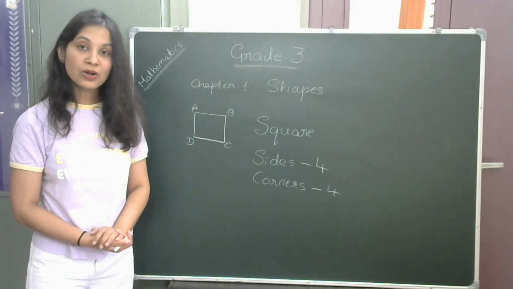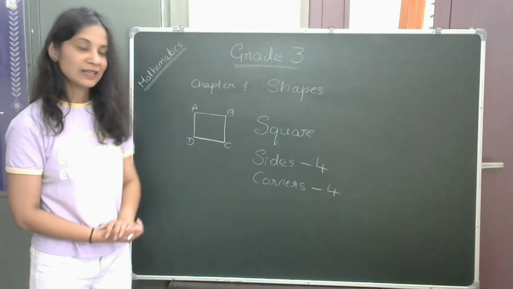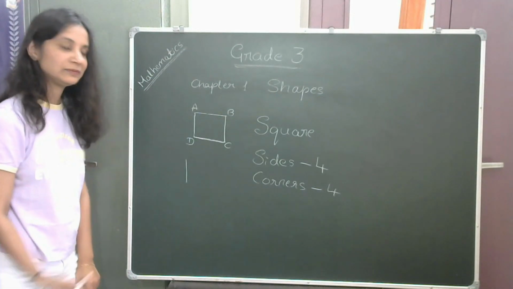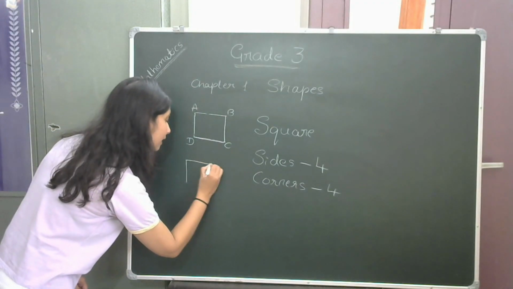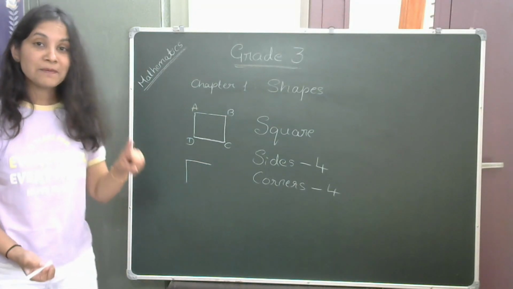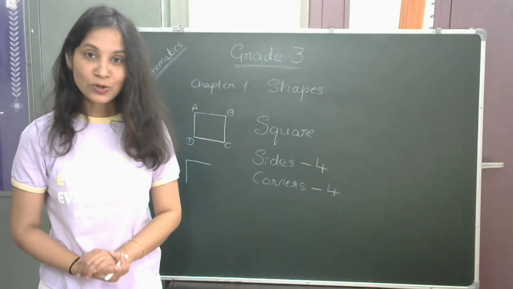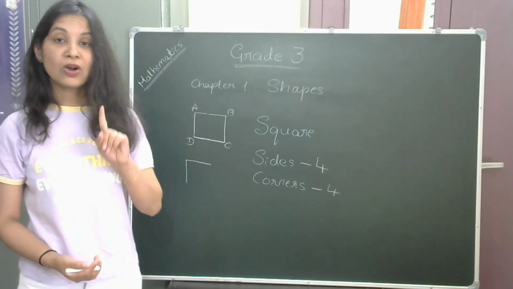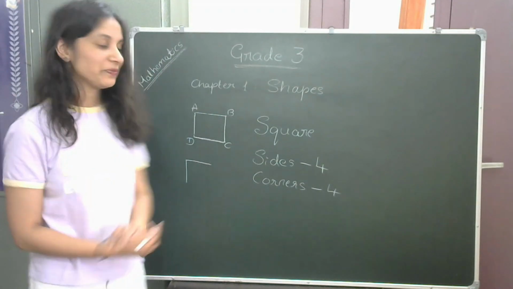And how will you draw the square? Let me draw it for you. One line and the second line of the same length. Kindly note it. All 4 sides must be of the same length.